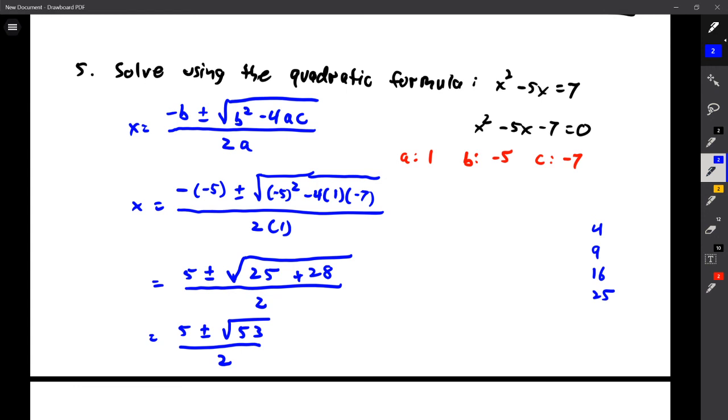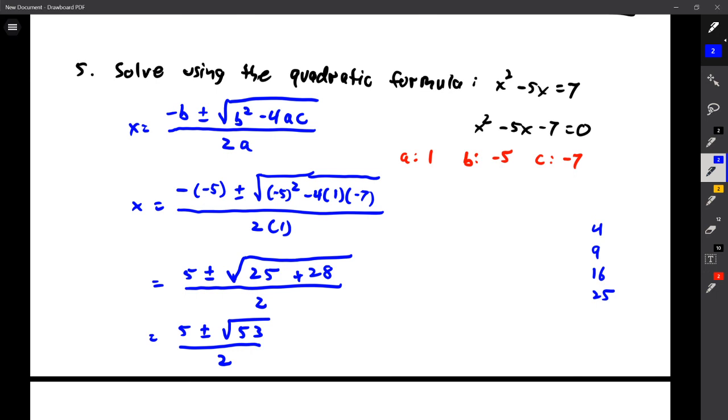I knew I could stop there because when I did 53 divided by 9, I got something smaller than 9, and I already checked the one perfect square, 4, which is smaller than 9, and so I knew that I could stop checking.